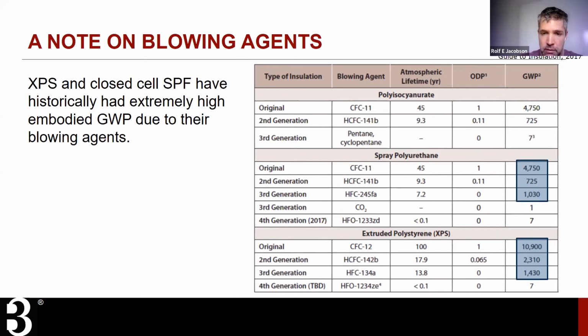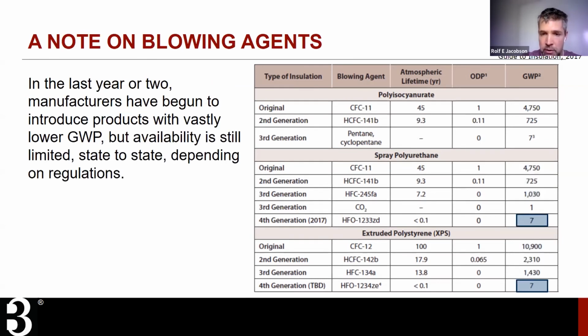Manufacturers have been working recently to develop new blowing agents for both closed cell spray foam and XPS. Those are shown down here. They're HFO based, and they're very similar in performance to the blowing agent used in polyiso, at least in terms of GWP.